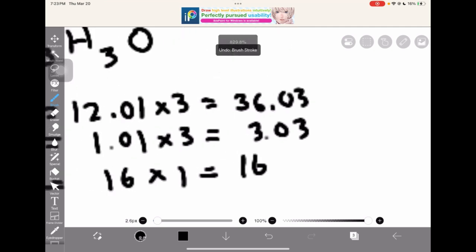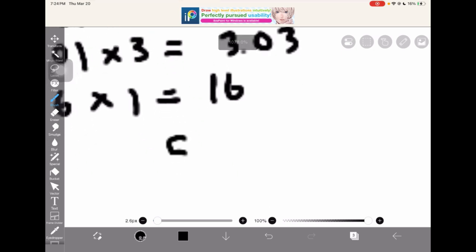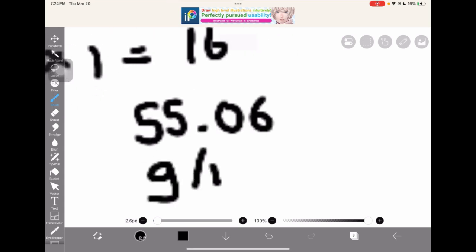Let's put these into our calculators. That is equal to 55.06 grams per mole.